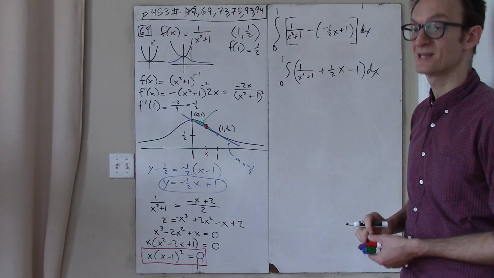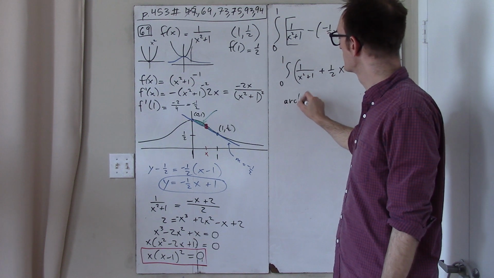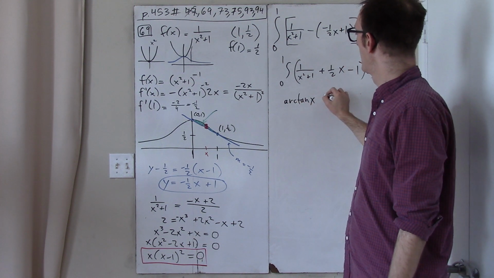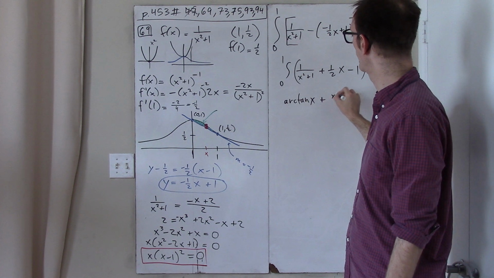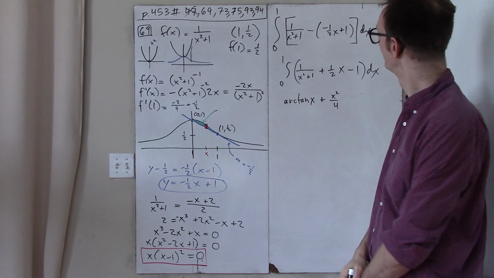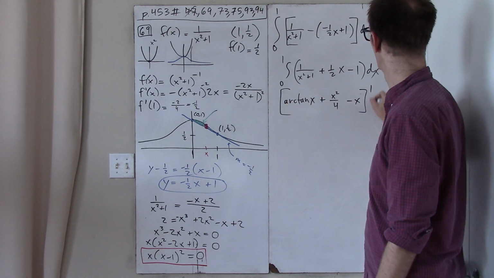Because I can antidifferentiate these things term by term. The antiderivative of 1 over x squared plus 1 is arctan, so that's arctan x. The antiderivative of 1/2 x is x squared over 4, and then this is minus x. And then this is all evaluated at 1 and 0.